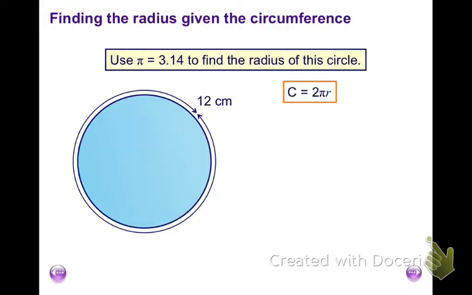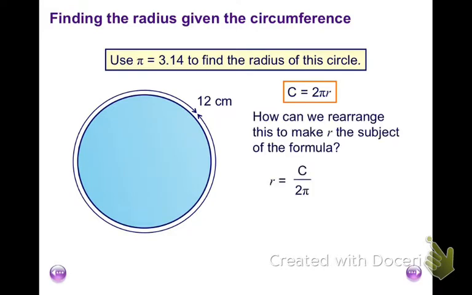So if we divide both sides by 2 pi, so circumference divided by 2 times 3.14 will give us the radius. So the circumference is 12, 2 times 3.14 in the denominator, and if you solve that, you get 1.91 centimeters is equal to the radius.